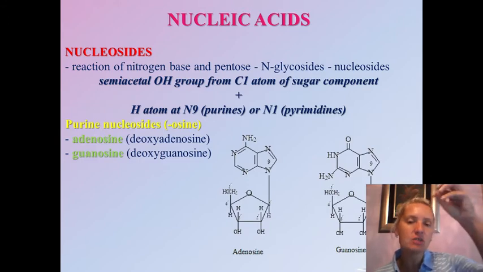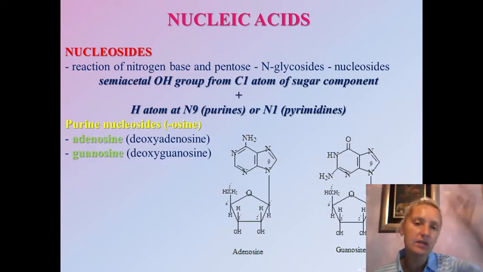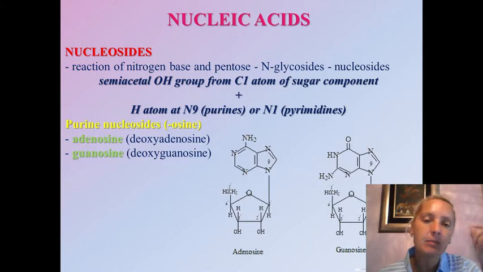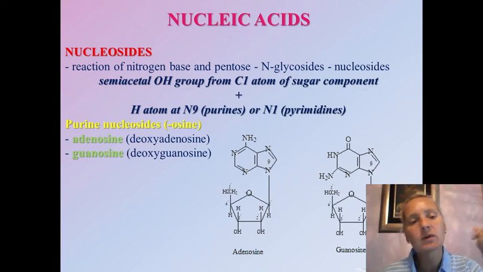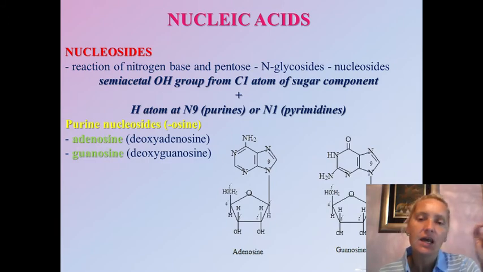So nitrogen base plus sugar component, a nucleoside is formed, and the bond which is formed by attaching the sugar component to the nitrogen base is formed upon the reaction of a nitrogen base and pentose.